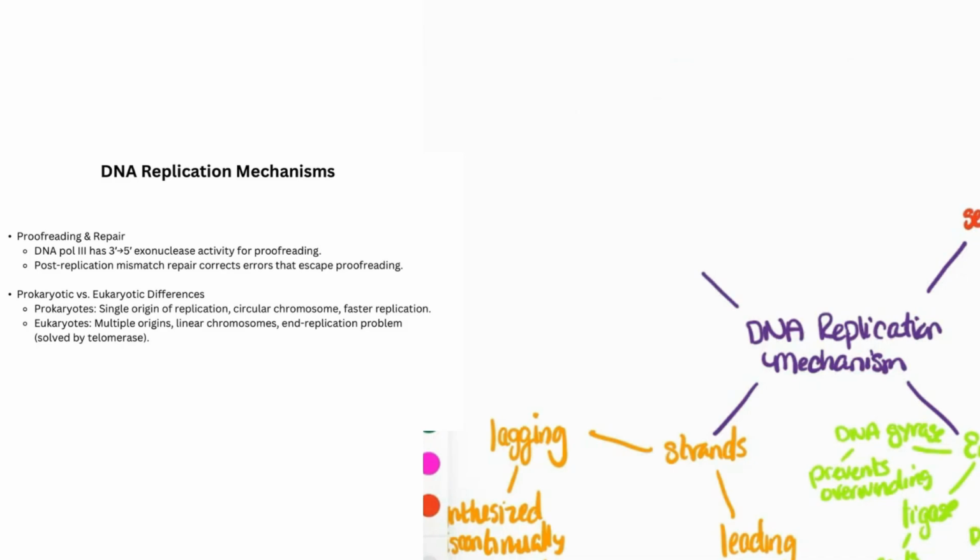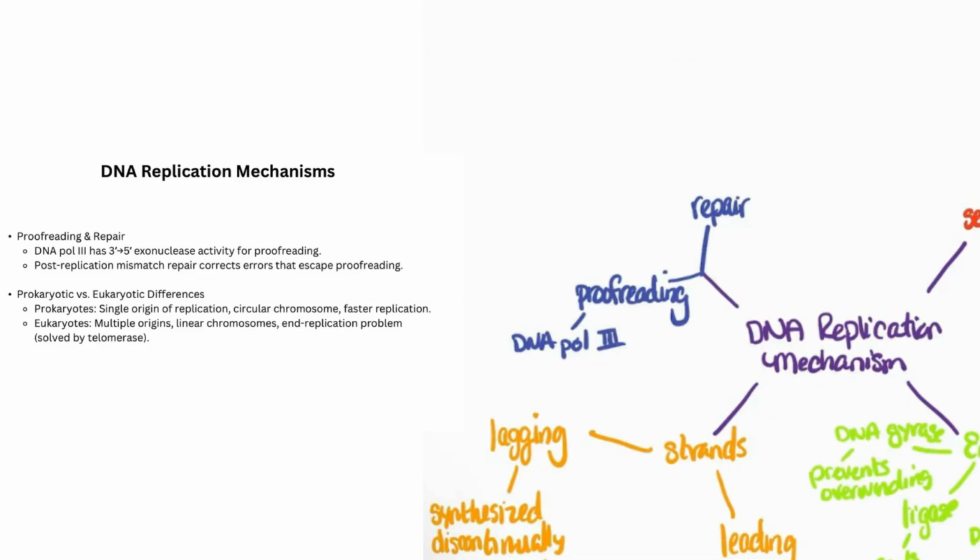Our last branch is going to be split into two. Proofreading and repair. Proofreading, we have DNA polymerase 3 that is involved in proofreading.